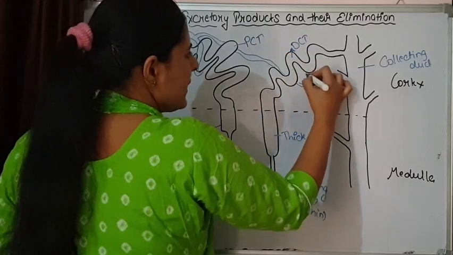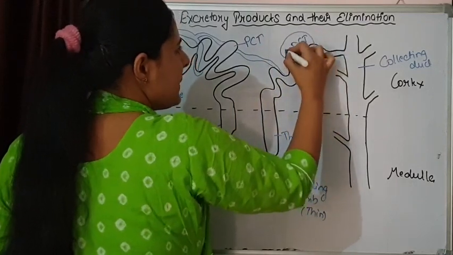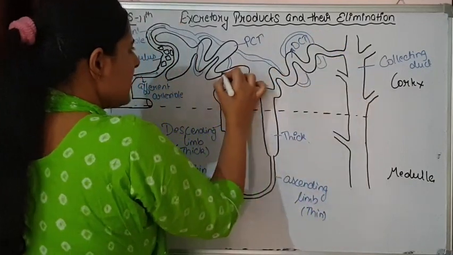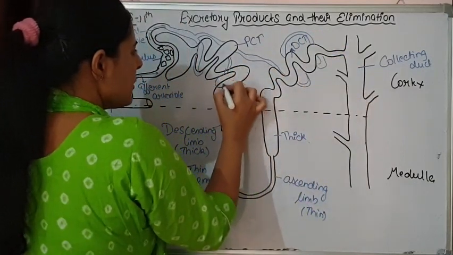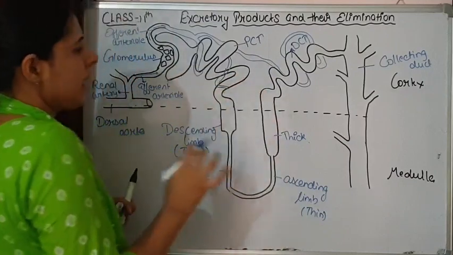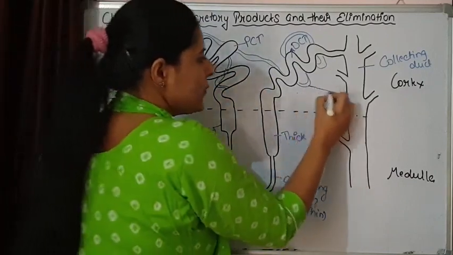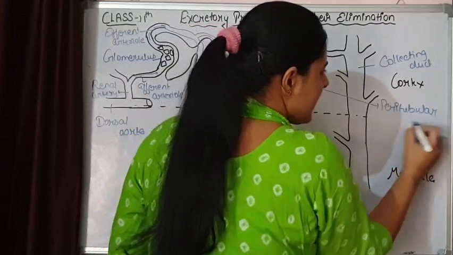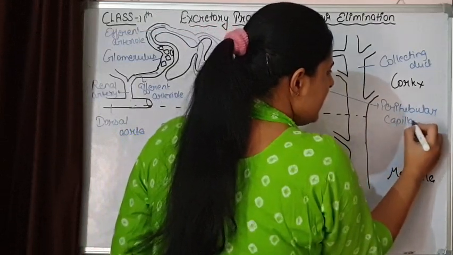So all over here a network of capillaries is present, and these are known as peritubular capillaries. Capillary network.